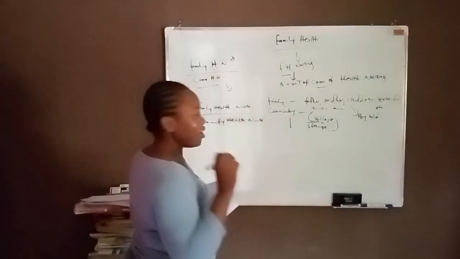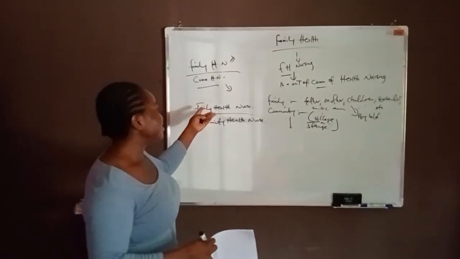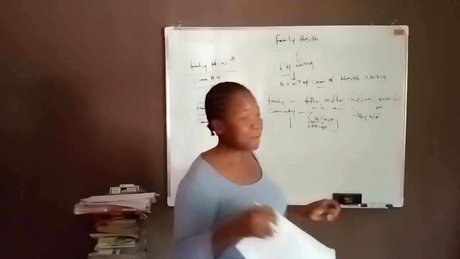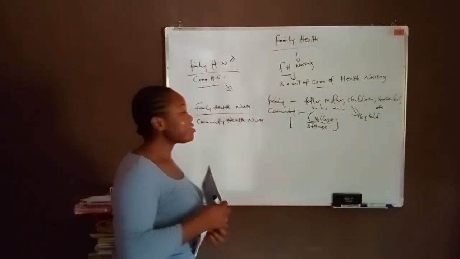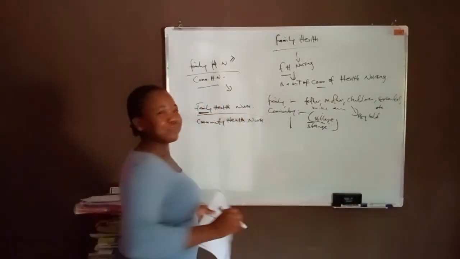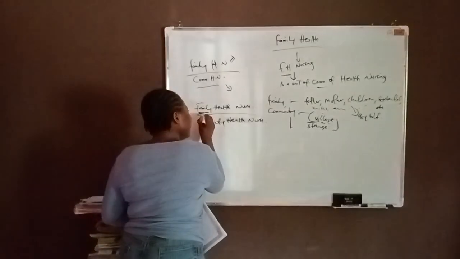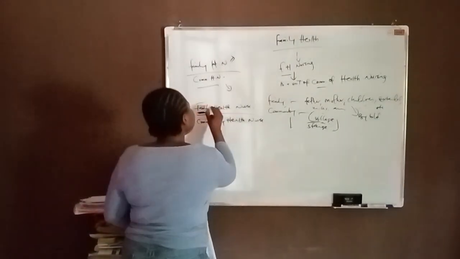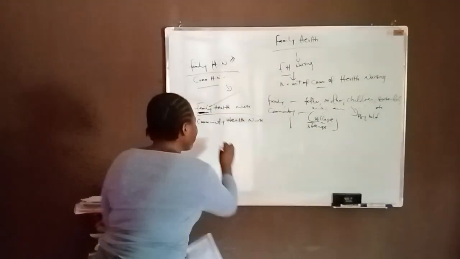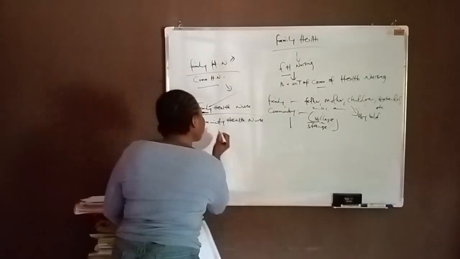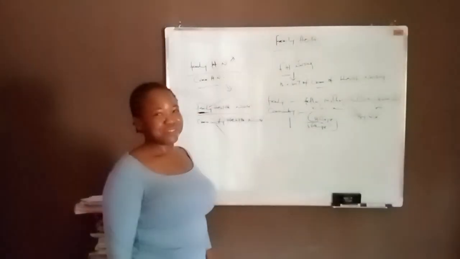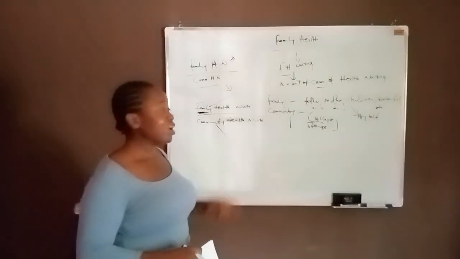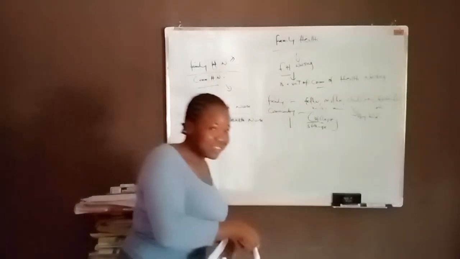Now I want to tell their responsibilities, because their responsibilities differ. The family health nurse's responsibility is to care for the family, while the community health nurse's responsibility is to care for the community. That does not mean the community health nurse does not care for family too, because family is inside the community, along with other people.